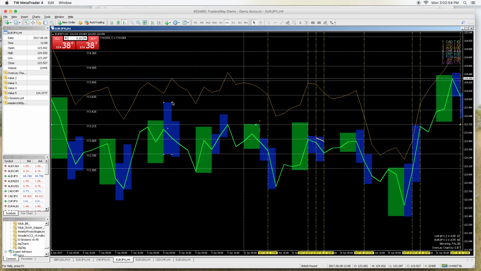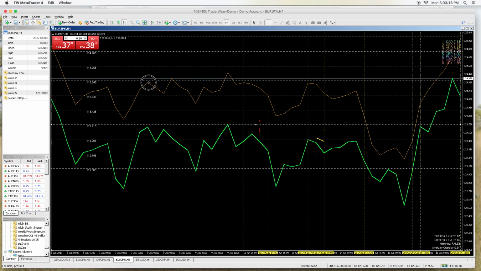Okay, this is why we use the vertical lines. So we see we have a difference. This one's going higher and this one's going lower, but they're not matching up. So we can look and see how much of a difference there is, and there's a 1 bar difference.